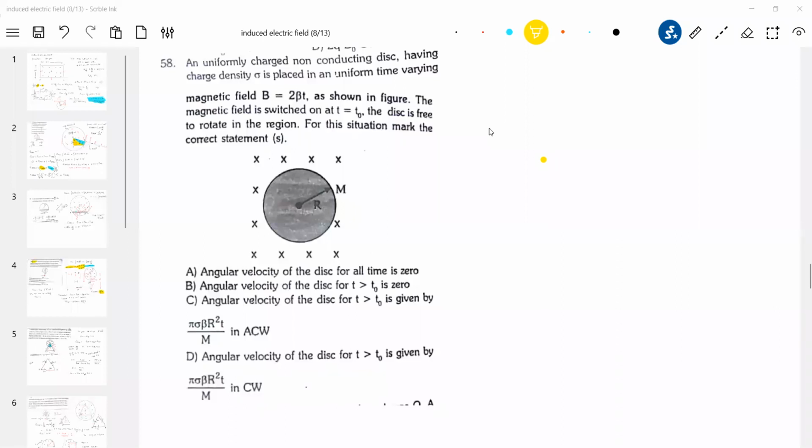Okay, let's come to this. A uniformly charged non-conducting disk. I am bringing some charged disk here.